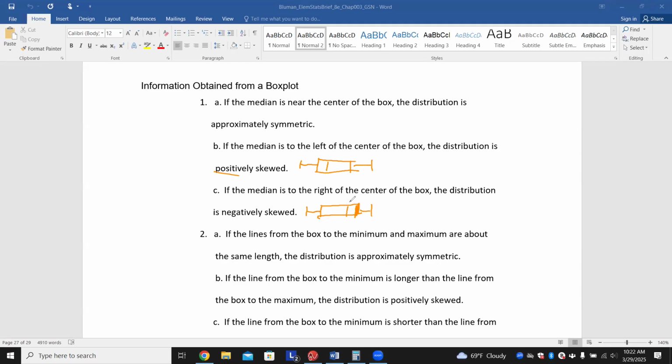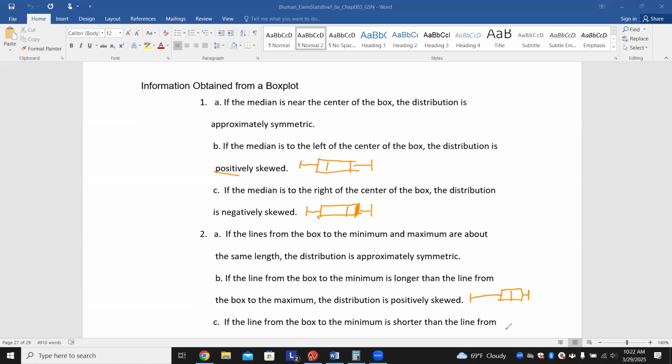2, if the lines from the box to the minimum and maximum are about the same length, the distribution is symmetric. You can see those whiskers are about the same. If the line from the box to the minimum is longer than the line from the box to the maximum, the distribution will be positively skewed, because the information is being pulled to the left.